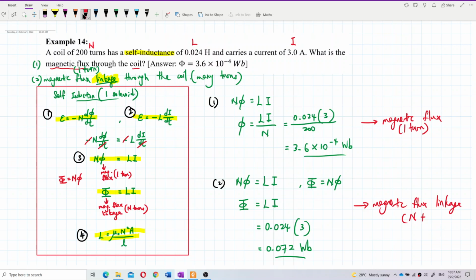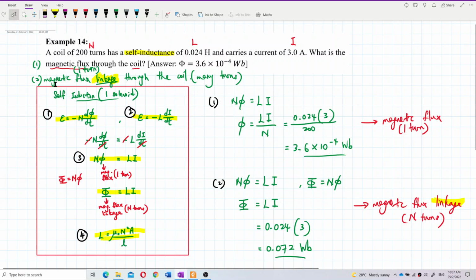Again, if the question asks only magnetic flux, with no word linkage, it's just the small phi, so you just find the small phi.